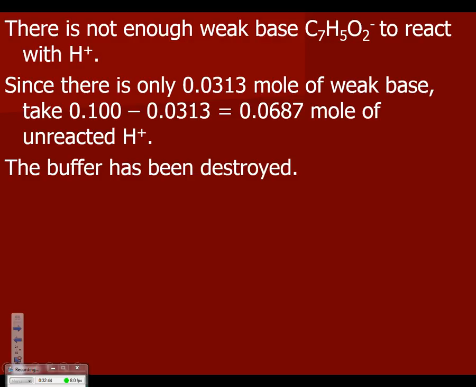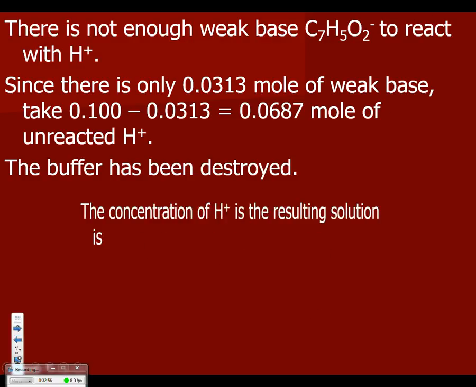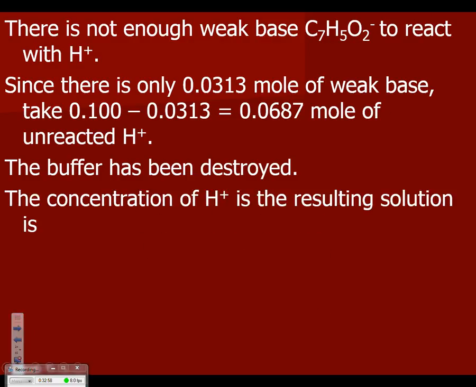You usually get 1 point for saying that in the AP exam. The buffer has been destroyed, or the buffer has been used up, or the buffer is no longer active or valid. So when there's too much hydrogen or too much hydroxide, the buffer will break. That's what we call it, buffer breaking or buffer destroyed.